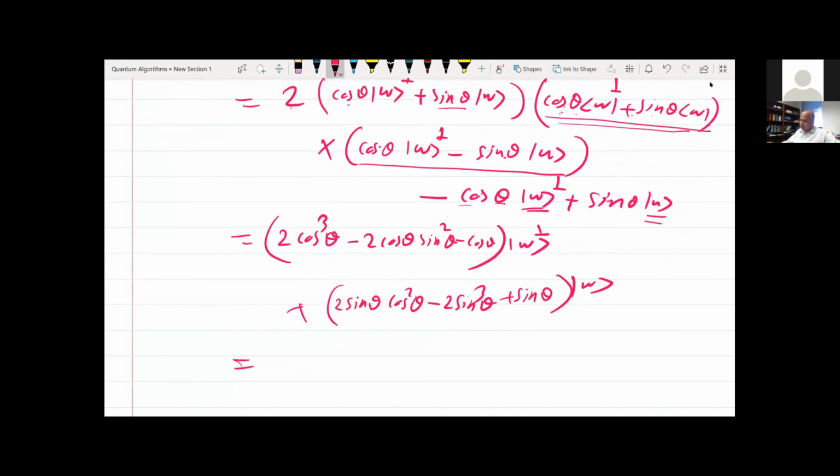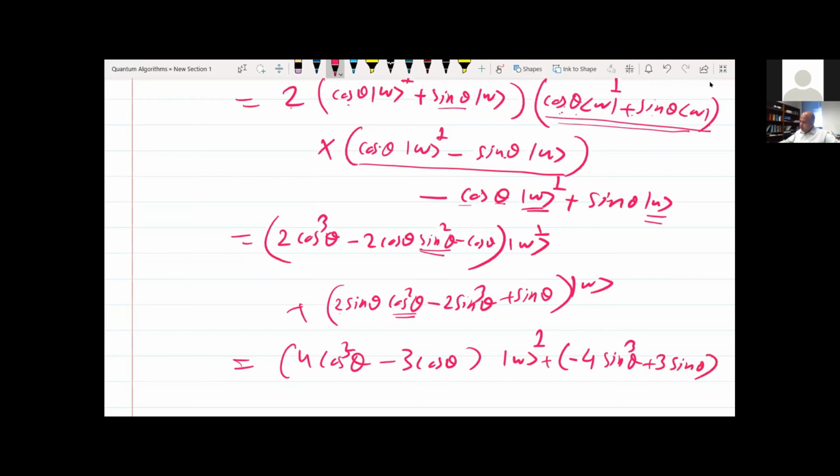If I put the expression for sine squared theta as 1 minus cos squared theta, I get 4 cos cubed theta minus 2 cos theta minus cos theta, which is minus 3 cos theta, omega perpendicular. And over here, when I substitute for cos squared theta, we get minus 4 sine cubed theta, because minus 2 is minus 4, and then plus 2 and plus 1 is plus 3 sine theta into omega.